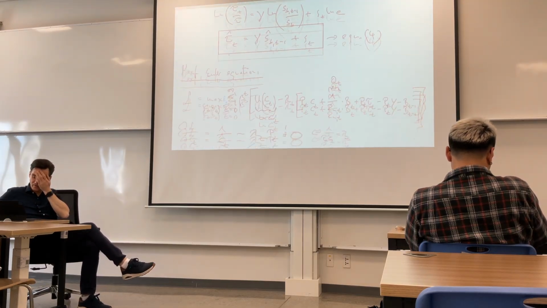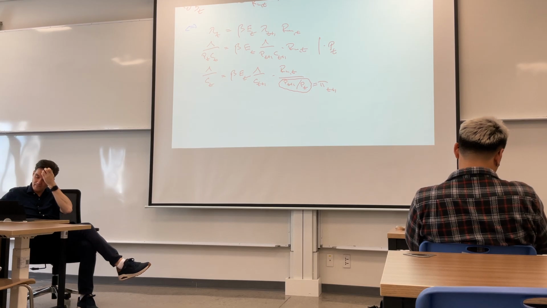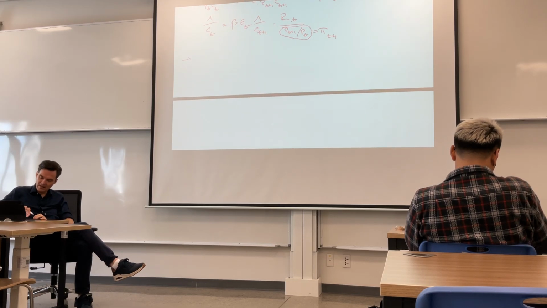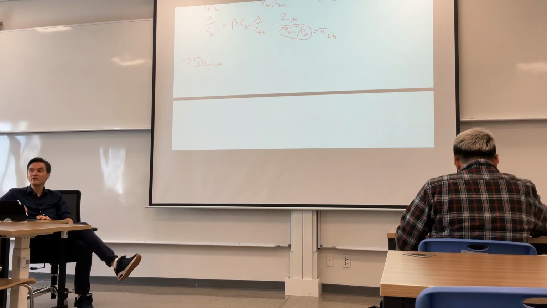Let's convince ourselves, because you'll see this a million times in a million papers. Let's derive market clearing first, and we're going to use that result to work more on the Euler equation.